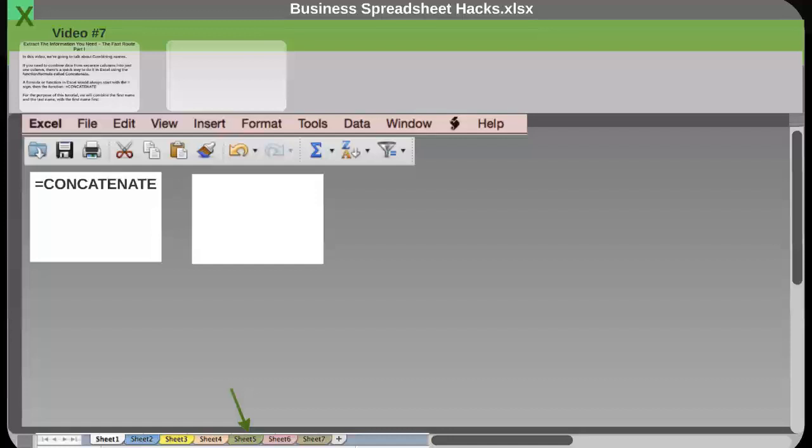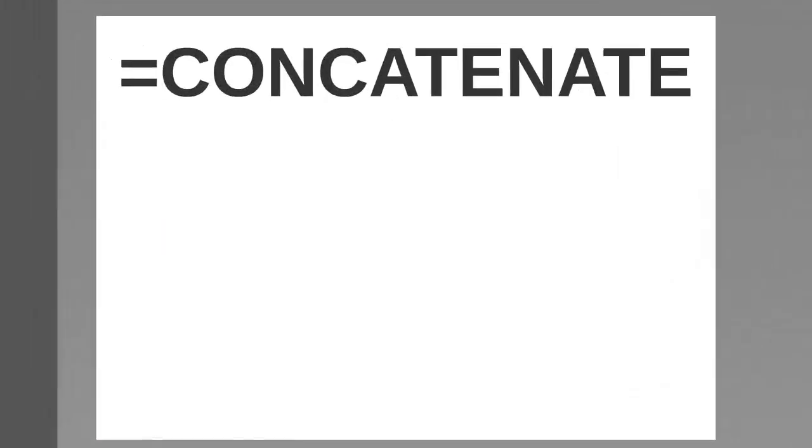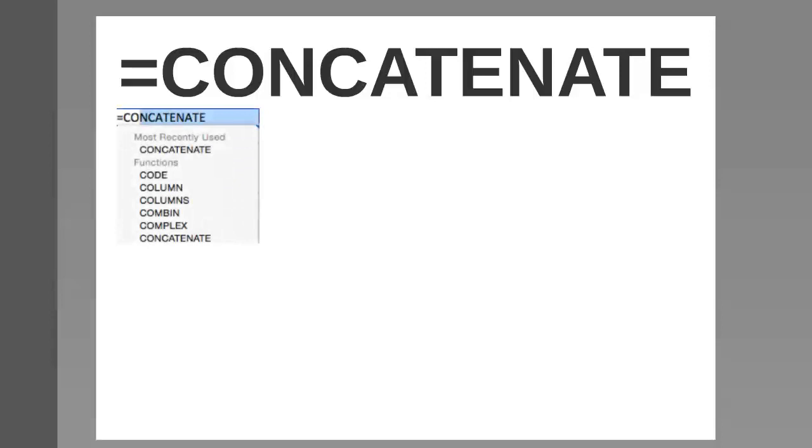So you want to do equals concatenate, and that's going to combine 2 pieces of data together. Now, I'm going to show you that you can actually combine other functions as well later down the road, and you can also add words as well. So it really comes in very handy, and you'll see it in just a minute.